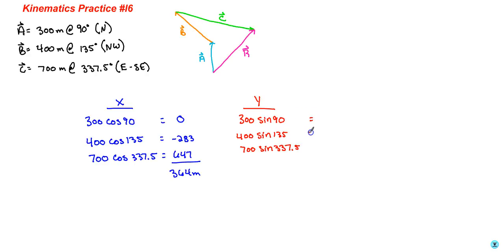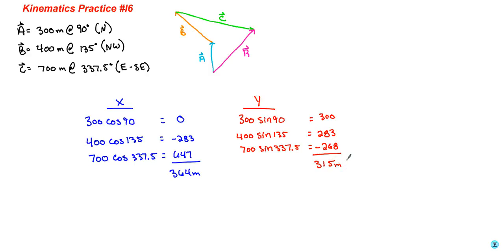And when I do those out, I find that I get a y component for A of 300, a y component for B of 283, and a y component of negative 268 for C. And we find the sum of those to be 315 meters.